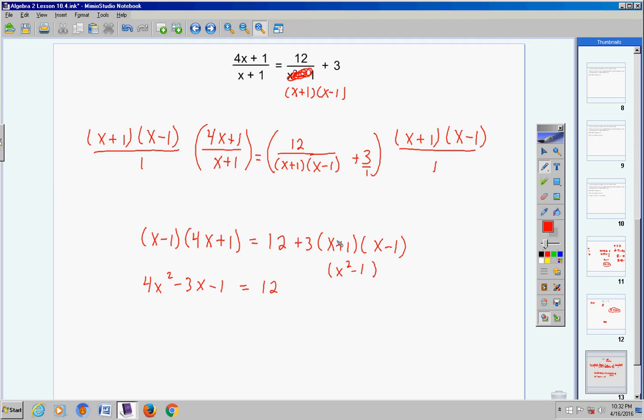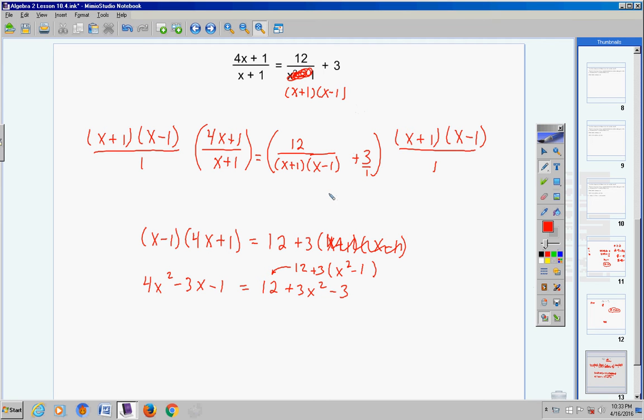So then you have a positive 3 right here, and a 12. Now take your 3 and multiply it through. You'll get positive 3. I brought the 12 down. 3 times x squared, 3x squared. 3 times negative 1, negative 3.